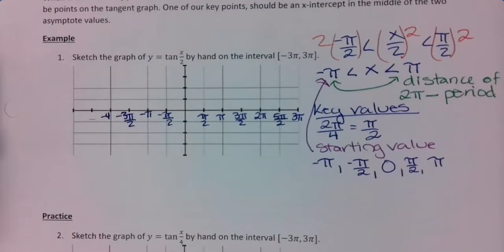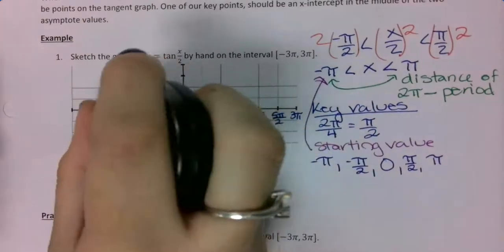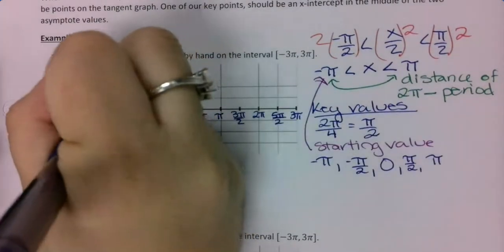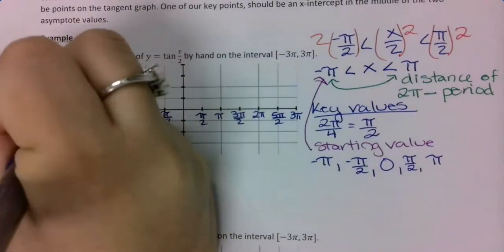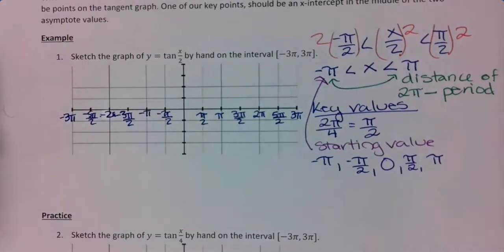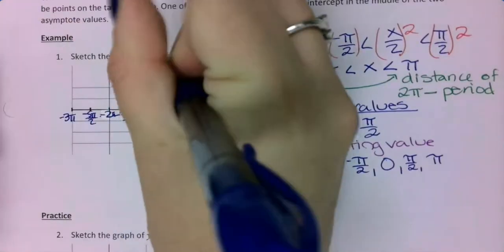Like that. Okay, and then my y-axis doesn't matter so much on tangent, so I'm just going to count by ones.